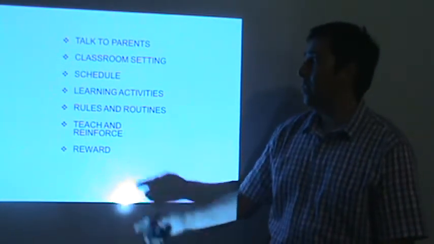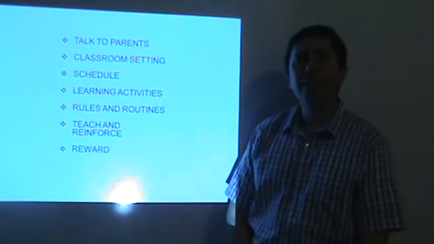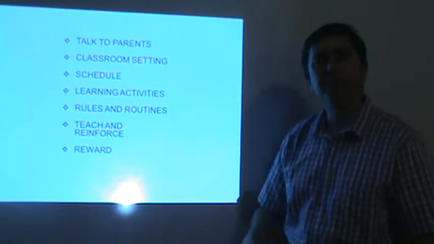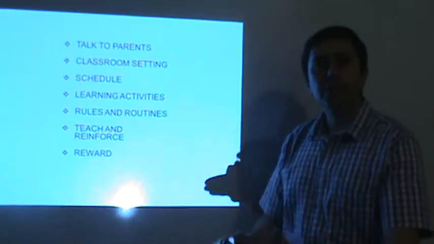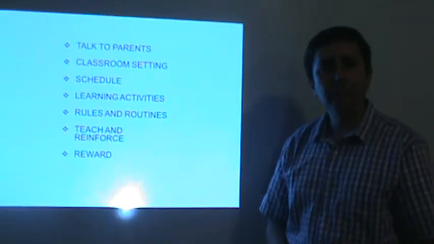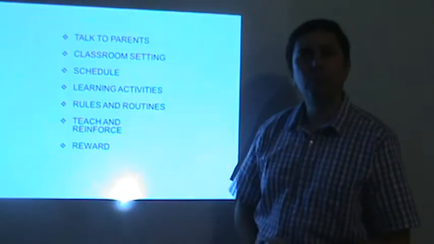The next is learning activities. Here the teacher is allowed to change the learning activity, and not only change, but adapt the activities so they are not too difficult and not too easy for the students. The next is rules and routines.